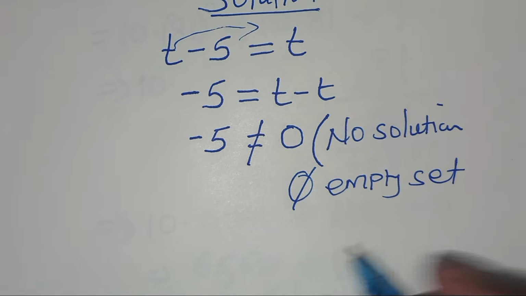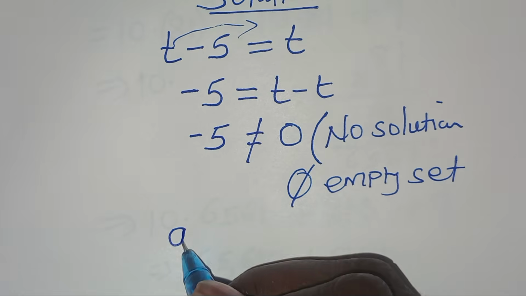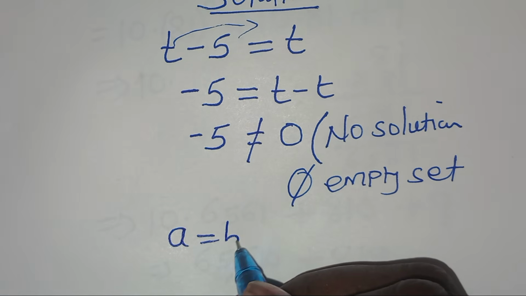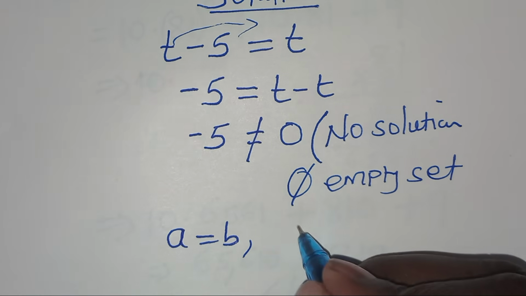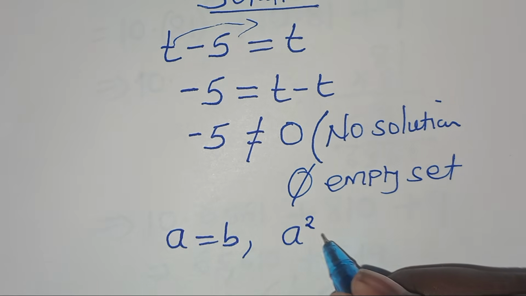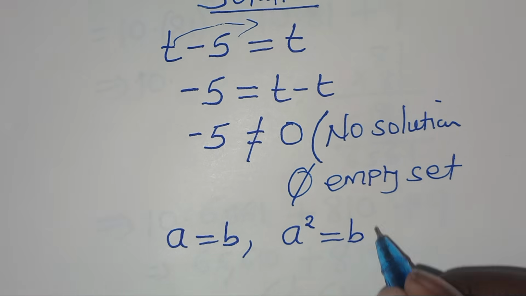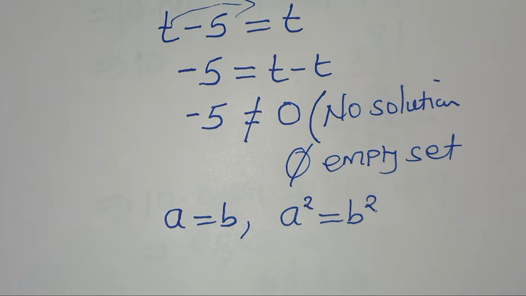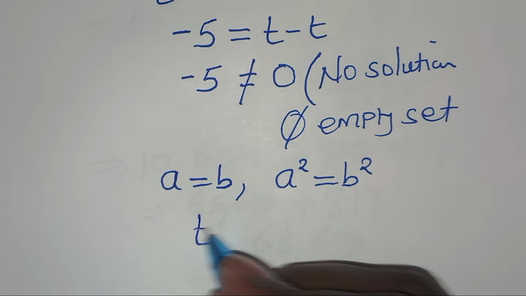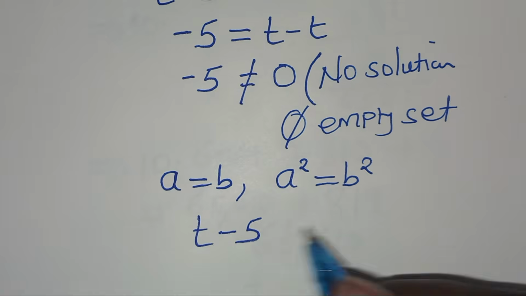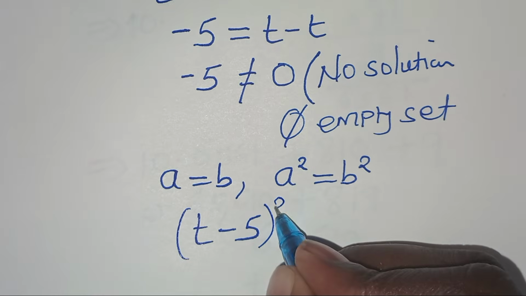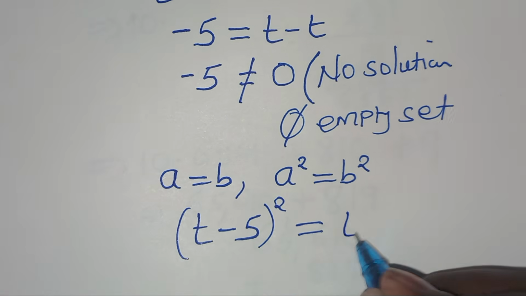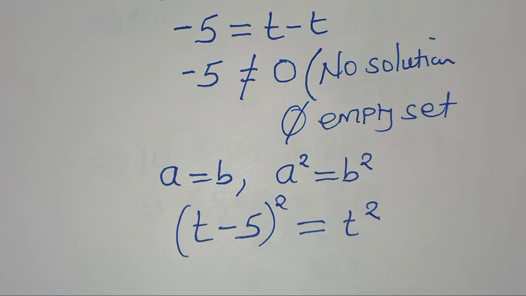Now, alternatively, if we have A is equal to B, this implies that A to the power of 2 is equal to B to the power of 2. Now this implies that t subtract 5 raised to the power of 2 is equal to t to the power of 2.